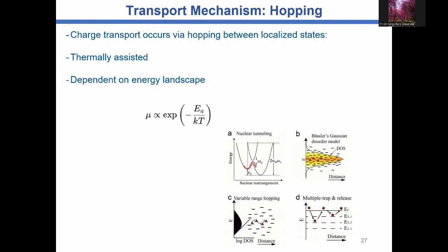In terms of hopping, we have these states that are already there, and they can be discovered using density of states.